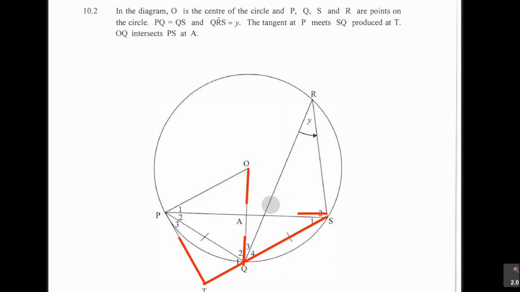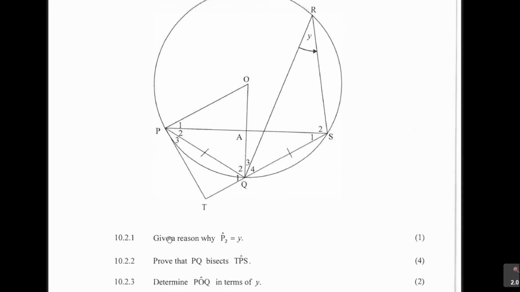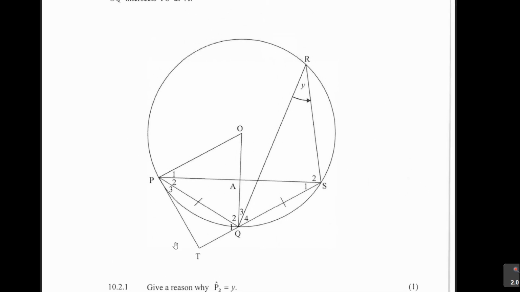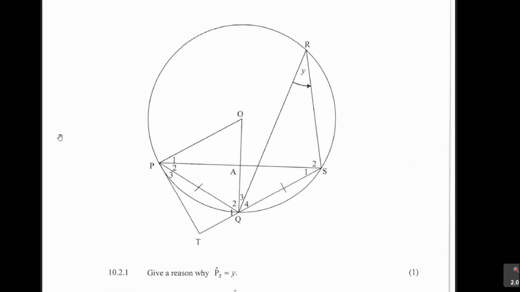Alright, so this is the question, guys, and these are the statements. What are the questions that follow? It says give a reason why P2 is equal to Y. Now P2, let's study this. Let me identify P2, and you can see that P2 is formed by this line here. We have this line and we have that line. That is what forms P2.